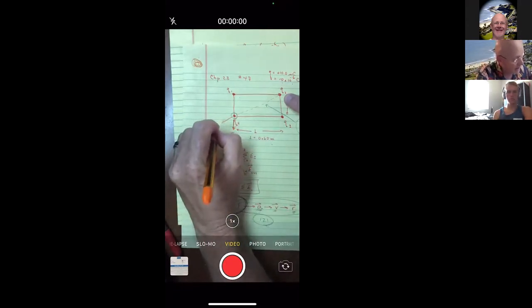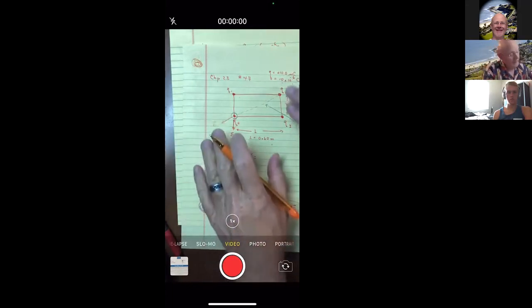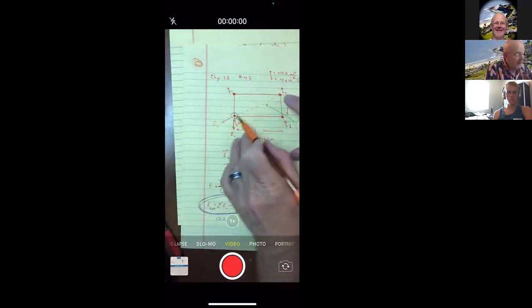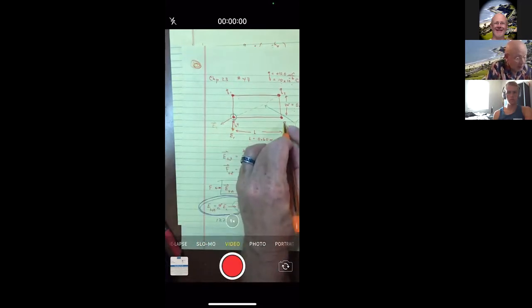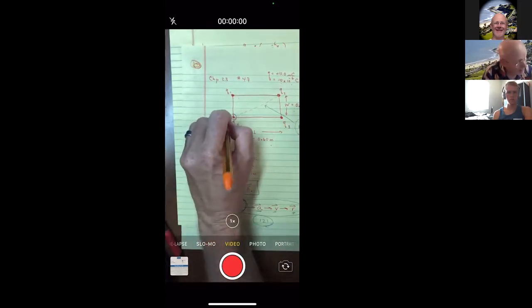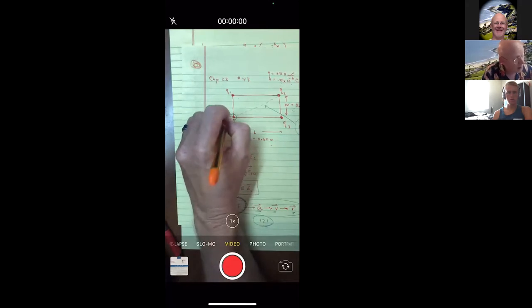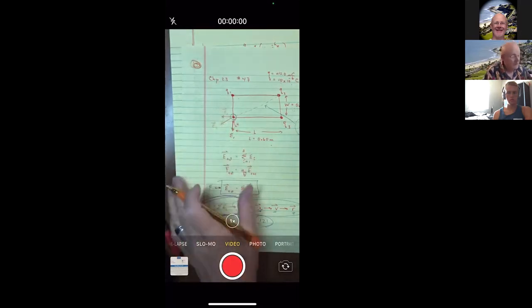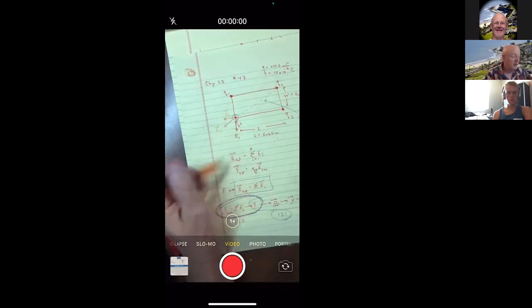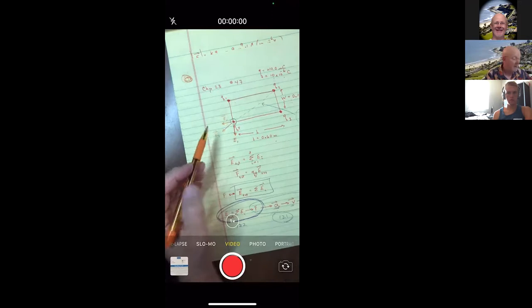So I'll call that electric field number 2. It would be angling down in this direction. And then number 3 would be straight away from number 3. So it looked like this. And so this is electric field number 3.